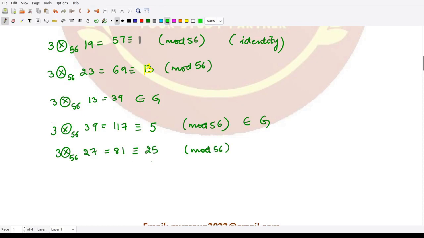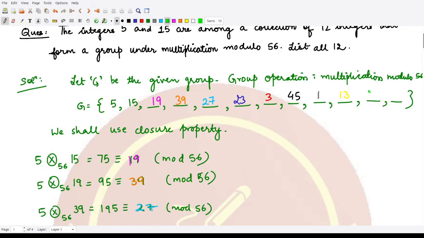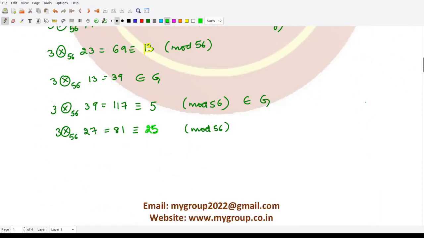So you can write 25 within your set. This 25, you can write it like here. This is not already present here, so we are left with only one member here. So let's compute other members and see what we can have with us.